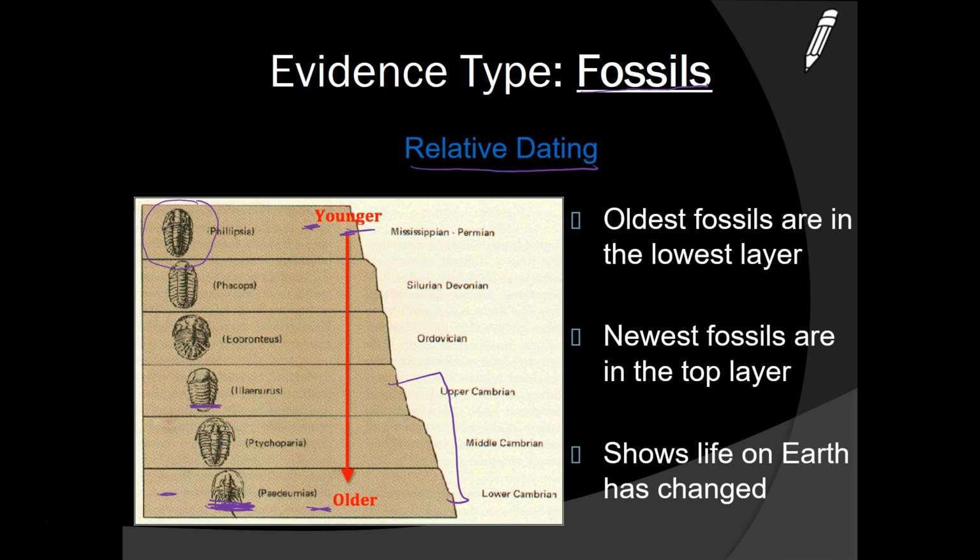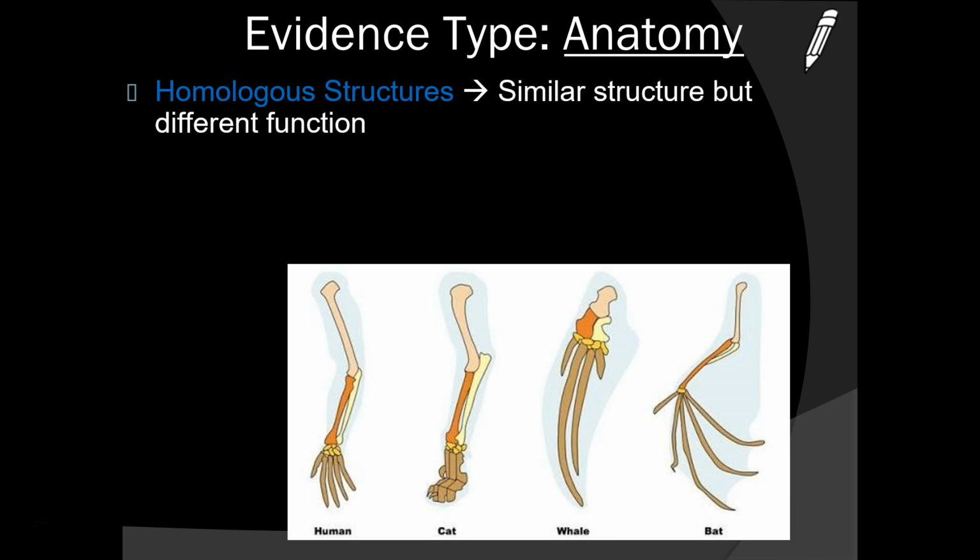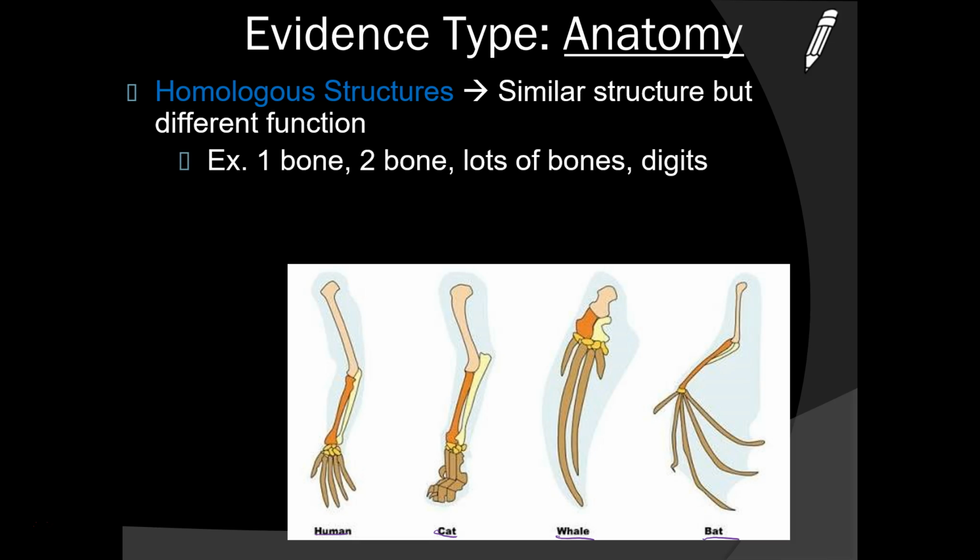Next, we use anatomy. Comparative anatomy as evidence for evolution. So, the first thing I want to show you is a picture of these 4 different limbs. We have the arm of a human, a cat, a whale, and then a bat. And if you look at these, you notice they follow similar organization. So, for example, all of these limbs follow a 1 bone, 2 bone, lots of bone, digits pattern.